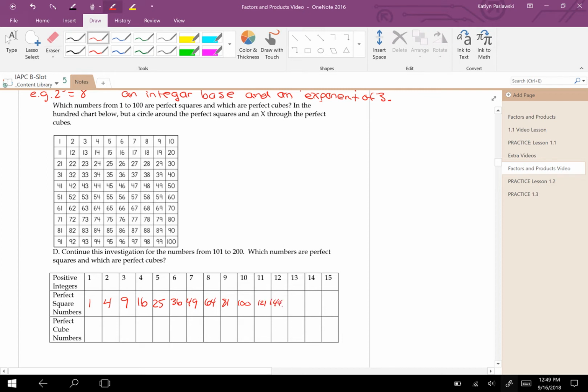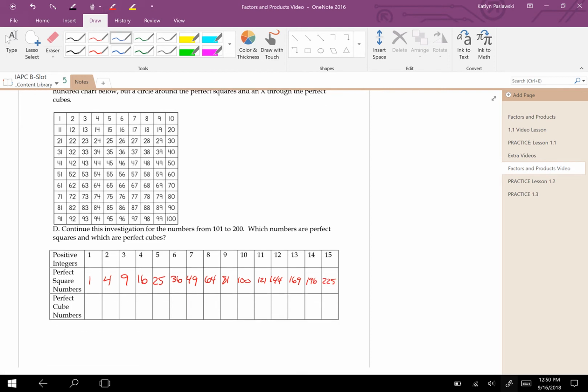Now these should come quite naturally to you. They should be memorized at least up to 12 and to 25 from grade 9. Now the perfect cubes. 1 cubed is 1, 2 cubed is 8, we have 27, 64, 5 cubed is 125, 6 cubed is 216, 7 cubed is 343, and so on.